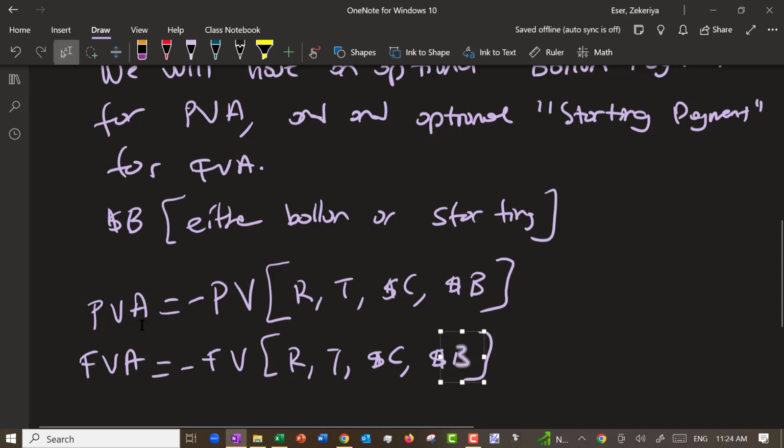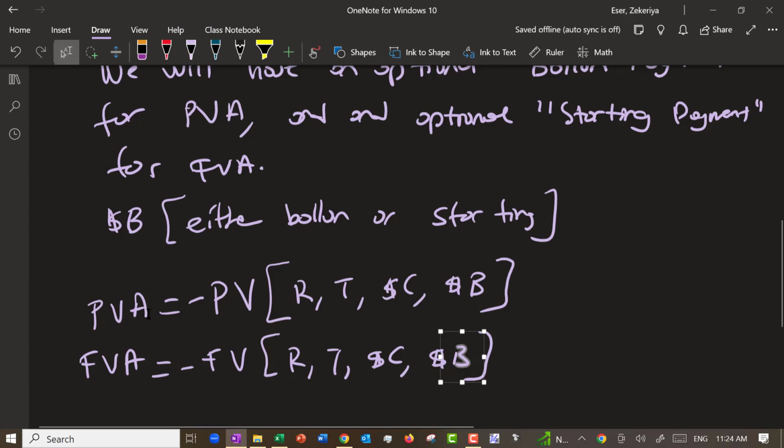For example, if I told you that present value was 100,000, and I told you number of payments, periodic payment, and final payment, we can actually figure out what the interest rate must be. It's an ugly formula, and Excel actually has a function for that. It's called rate, but we're not even going to worry about that.